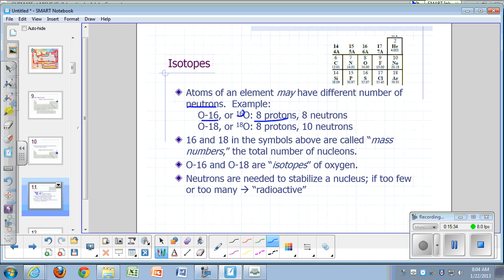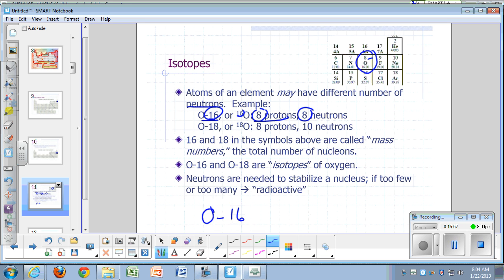How do we know it has 8 protons? We look at the periodic table and you see that the atomic number is 8. So if it's oxygen, you know automatically that it has 8 protons. And so if you have an atom that's called oxygen 16, that's 8 protons, so the remaining 8, since 8 plus 8 gives you 16, the other 8 nucleons must be neutrons.